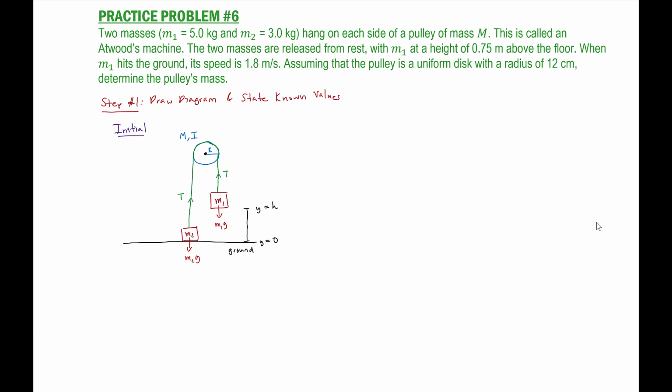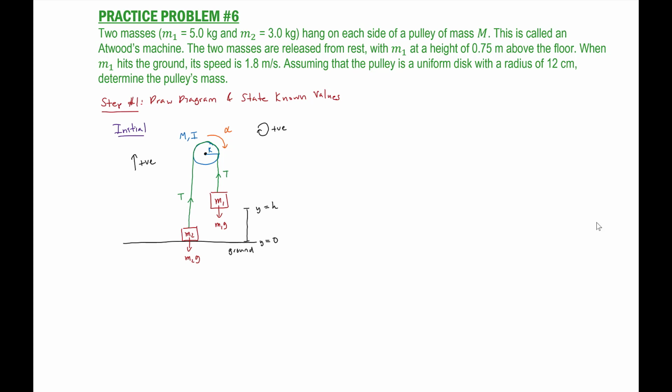We also know that there's some sort of angular acceleration going this way, because mass 1 is heavier, so it's going to accelerate downwards towards the right side. Let's say that this is the positive direction, just so it's easier, and let's say up is positive.